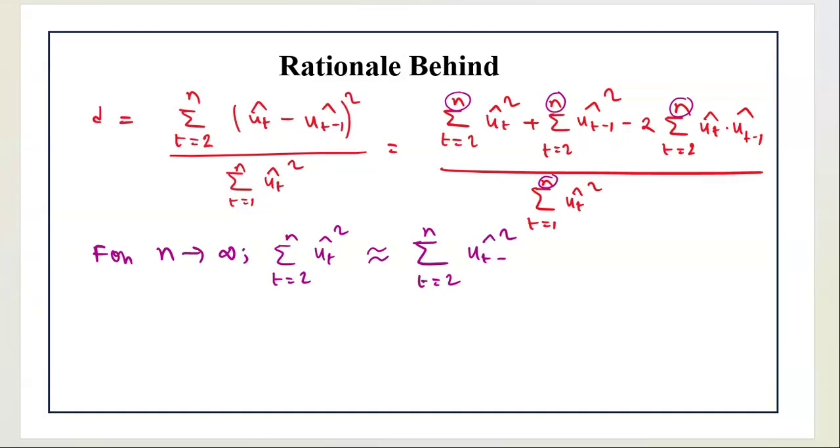Why this is so? Let me give you a simple example. This is a property of infinite series. So when n tends to infinity, all this series becomes infinite series because the upper bound is infinity. So every series that you see here, this series, this series, this series, every series goes towards infinity.